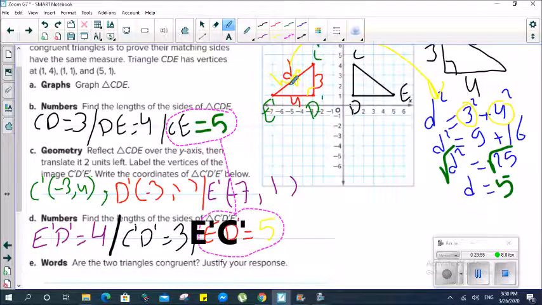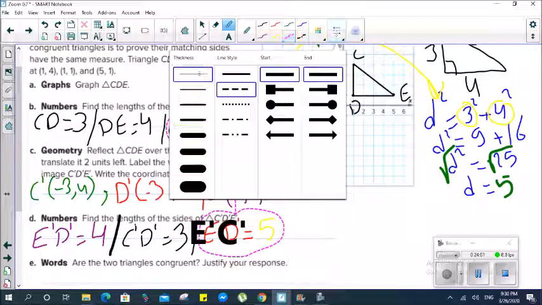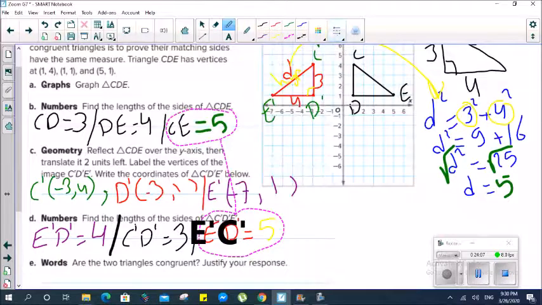You see? Here we have 5, here we have 5. 4 and 4.